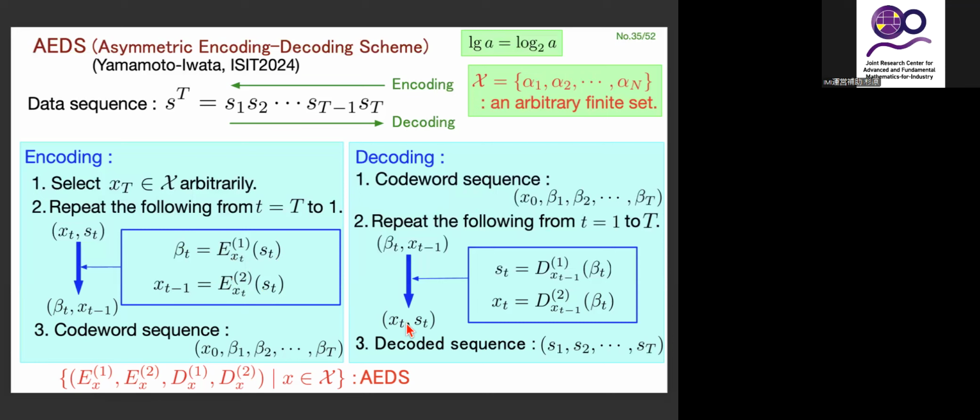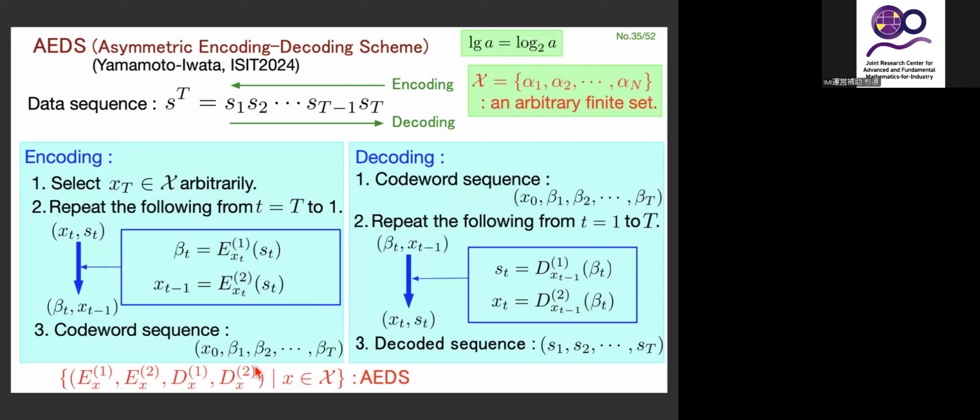In the same way, this mapping is generalized by two functions, D1 and D2. D1 gives the source symbol from code word beta t and internal state xt minus 1. And D2 gives the next state xt from code word beta t and state xt minus 1.